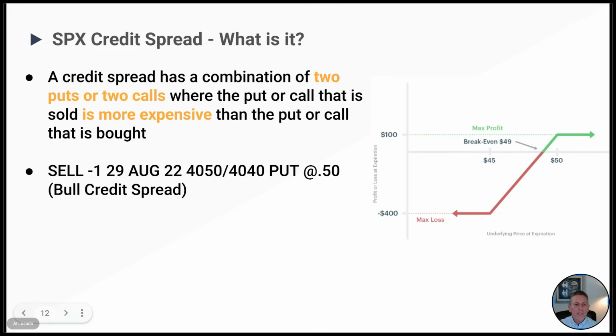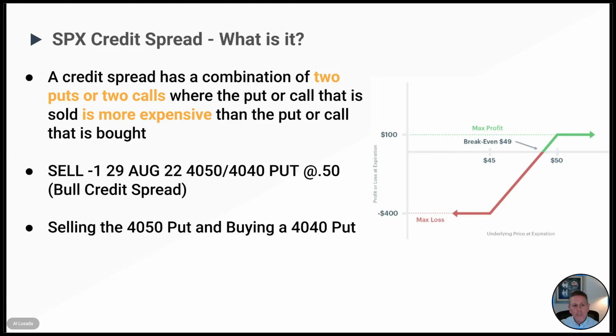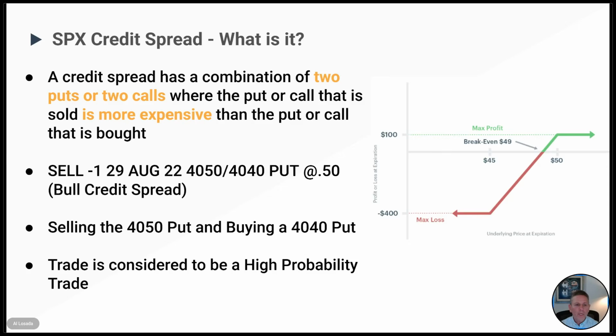So in this example here, the 40/50, 40/40 is the put, and you get a 50-cent credit, which times 100 is $50. Okay, so that's basically what you're getting. You're selling the 40/50 put and buying the 40/40 put for a $50 position.